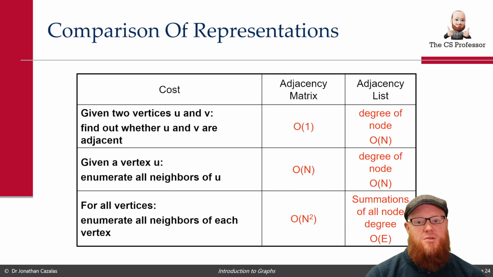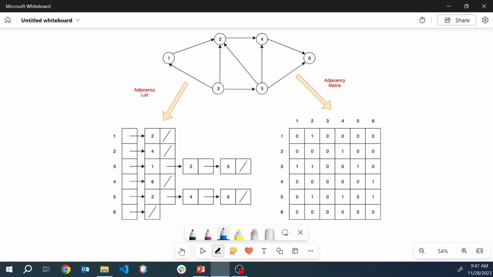Let's now answer this question: given a vertex U, enumerate all of the neighbors of that vertex. So given vertex 3, what's the cost to list out all neighbors of vertex 3 using an adjacency matrix? You have to iterate over that entire row.